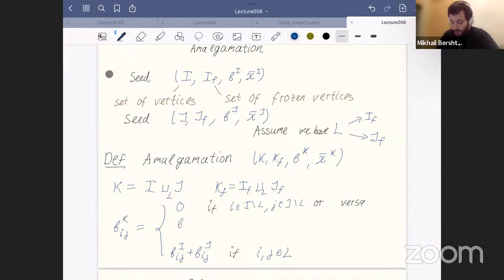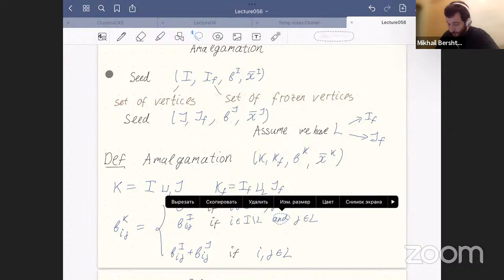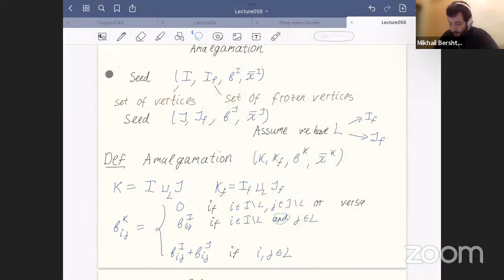Or it is equal to B_ij of I if i belongs to I minus L and j belongs to L, or opposite. And there is also a case where it's B_ij of J.